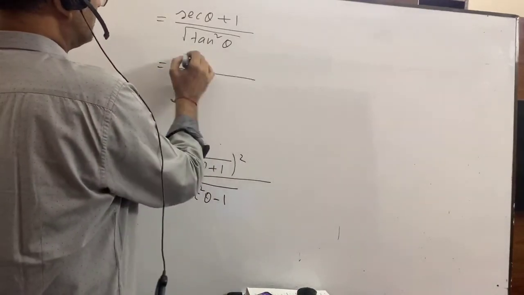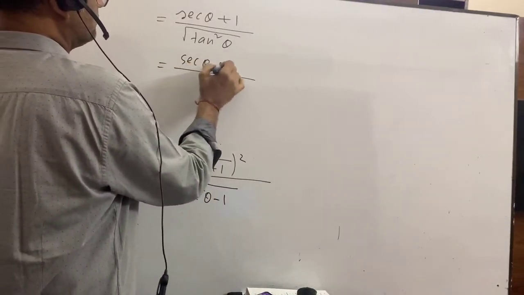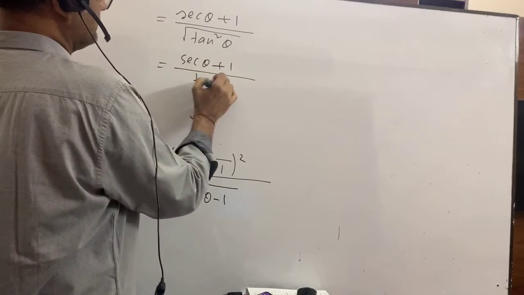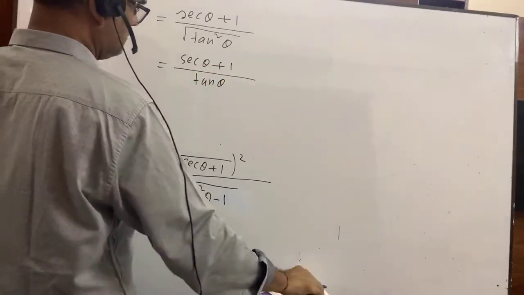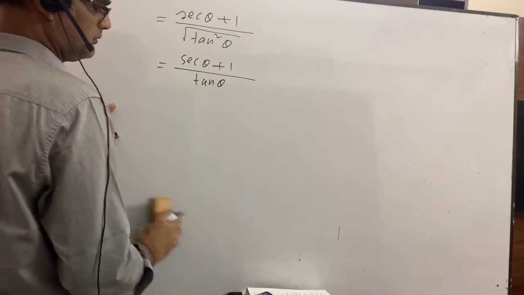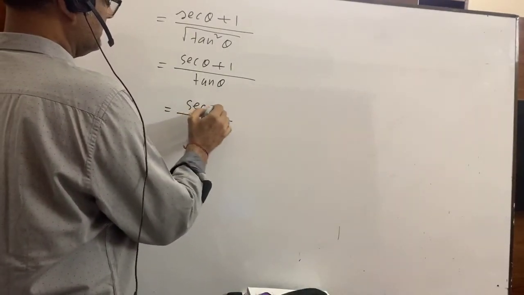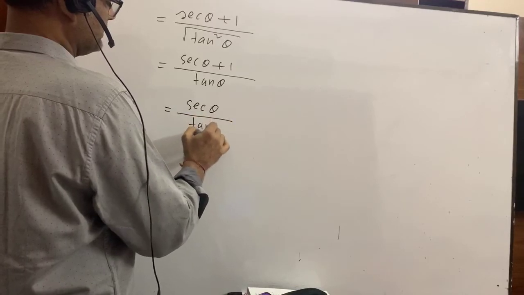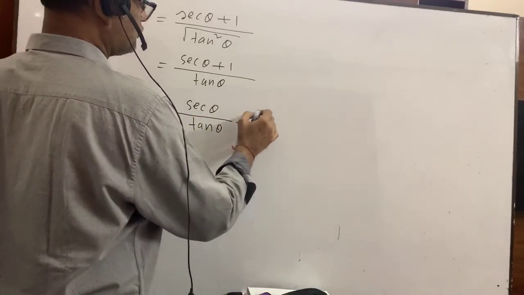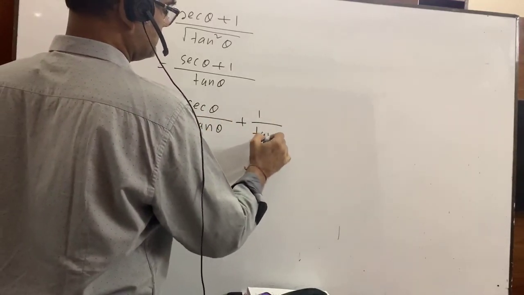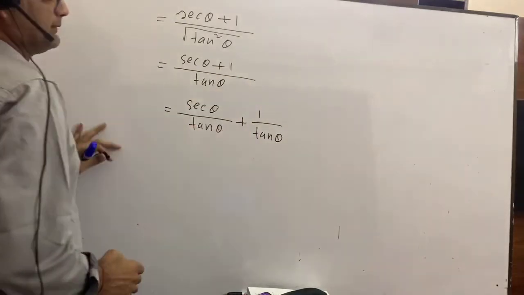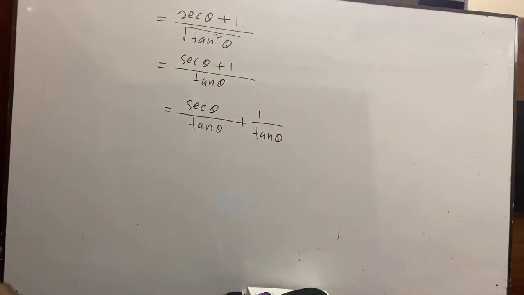That means sec theta plus 1 by tan theta. Now partial fraction means what? It is sec theta by tan theta plus 1 by tan theta.